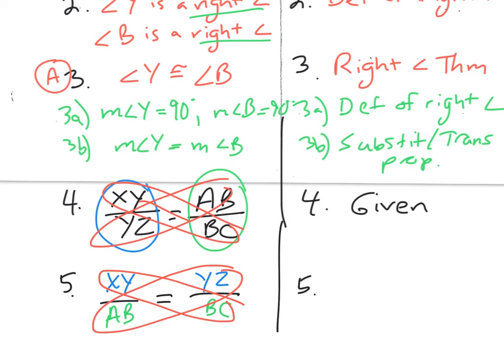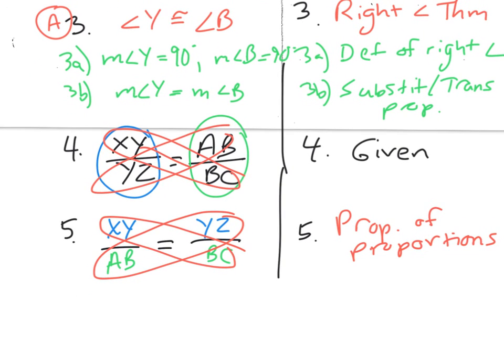So we're going to write down for a reason that we're using a property of proportions to write an equivalent proportion. Okay, we didn't list them out and give them special names, but we talked about equivalent proportions, or you could write down equivalent proportion, would be fine as well.